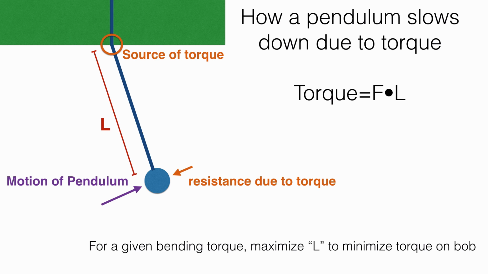So if we have some source of torque at the very, very top, we can minimize that by making the length of the pendulum as long as possible, all right? Because if it's force times length, if you increase length, you have to decrease the force. So the resistant force, that orange arrow, will be minimized if the length is maximized.